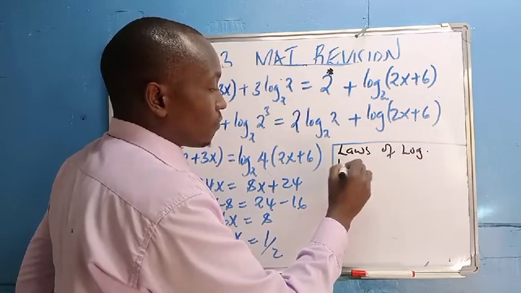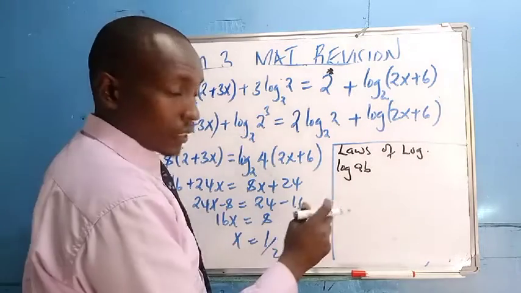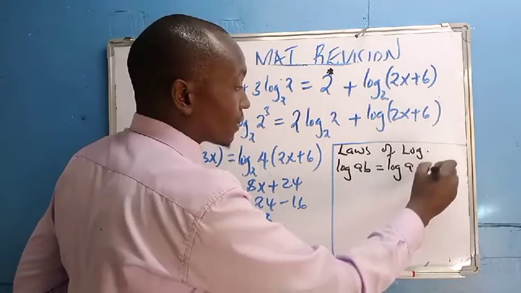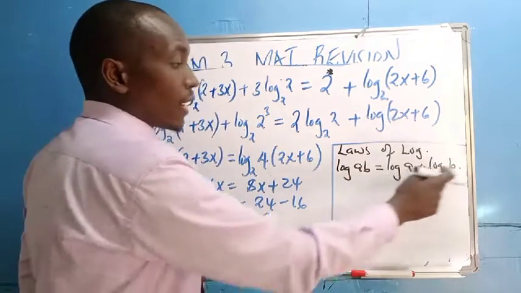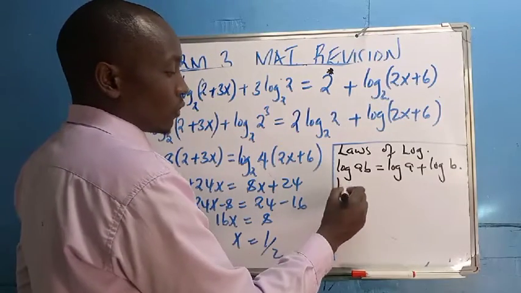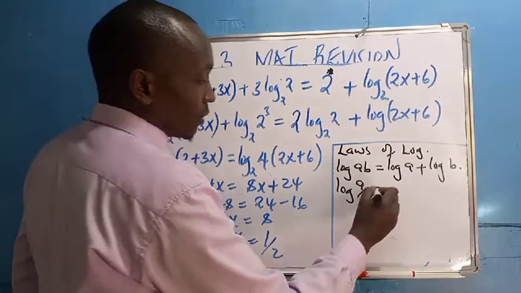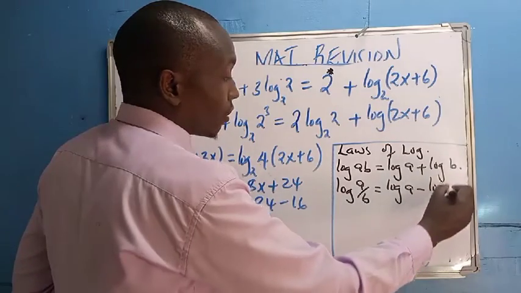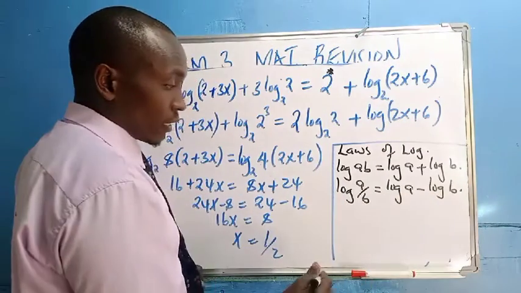Law of logarithm. For example, if I have the log of AB, that's A times B, it is always equal to the log of A plus the log of B. So if I'm multiplying the numbers, I add their logarithm. If I have the log of A over B, it is the same as the log of A subtract the log of B. So when I'm dividing the numbers, I subtract their logarithm.